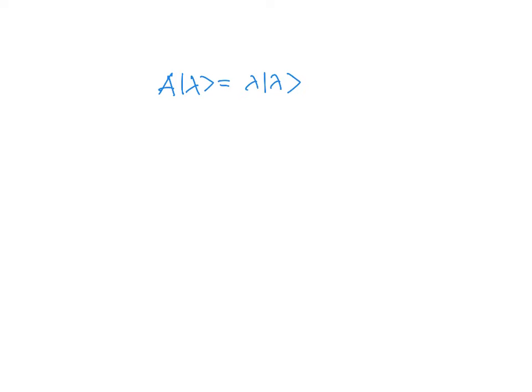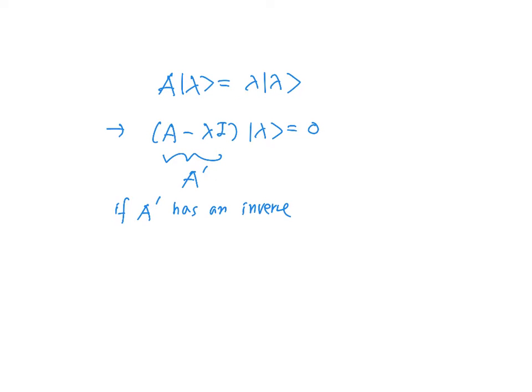And how do we solve this? You need to find the lambda and the vector lambda. You can move this way: A minus lambda I, times lambda, is 0. Let's call this A prime. If A prime has an inverse, what happens?